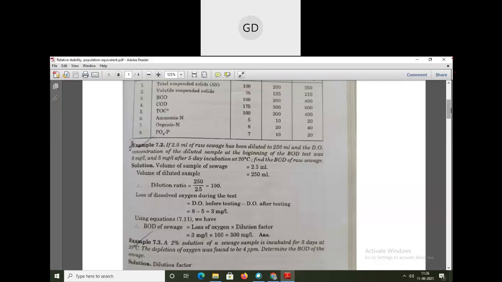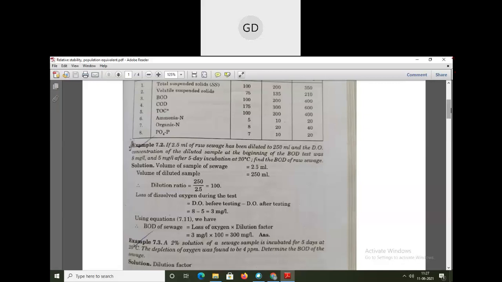The DO concentration of the diluted sample at the beginning of the BOD test was 8 milligram per liter, and after the BOD test has been conducted for 5 days at 20 degrees Celsius, the DO concentration of that sample is now 5 milligram per liter. Now you have to find the BOD of the raw sewage.